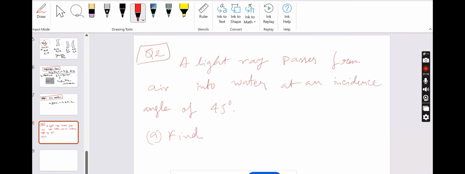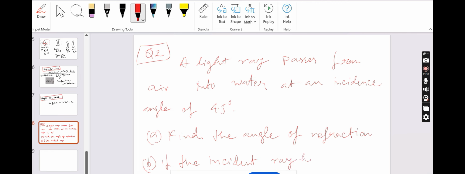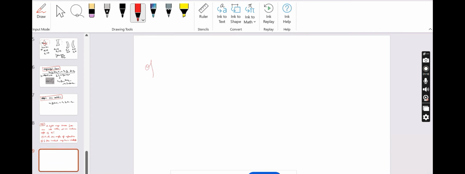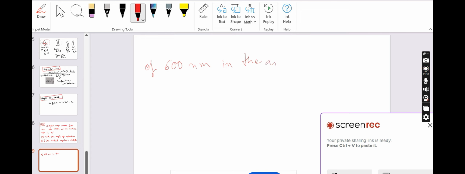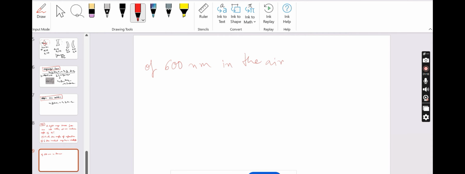Find the angle of refraction. If the incident ray has a wavelength of 600 nanometers in the air, what is its wavelength in water?